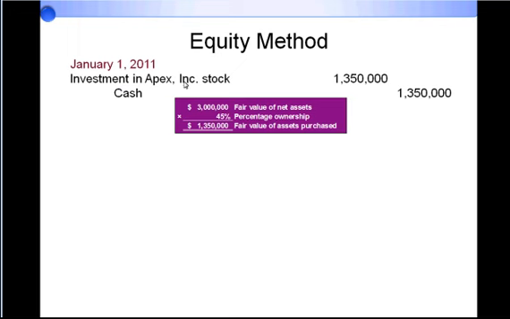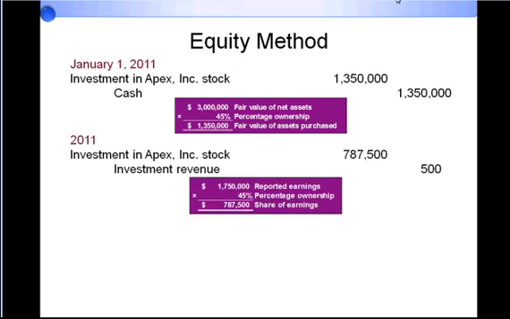But in any case, our first entry, we record the investment with a debit. It's $1.35 million. We credit cash because we're paying that amount. And then we increase our investment account based on our percentage of the revenue for that year, or the income, net income. So there was 1.75 million reported earnings that year.